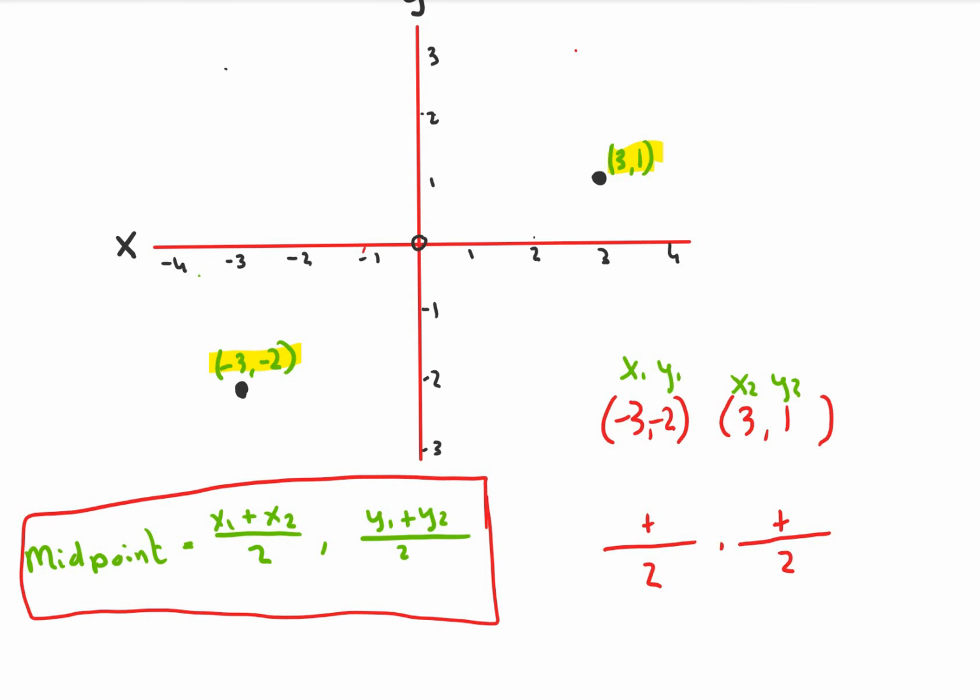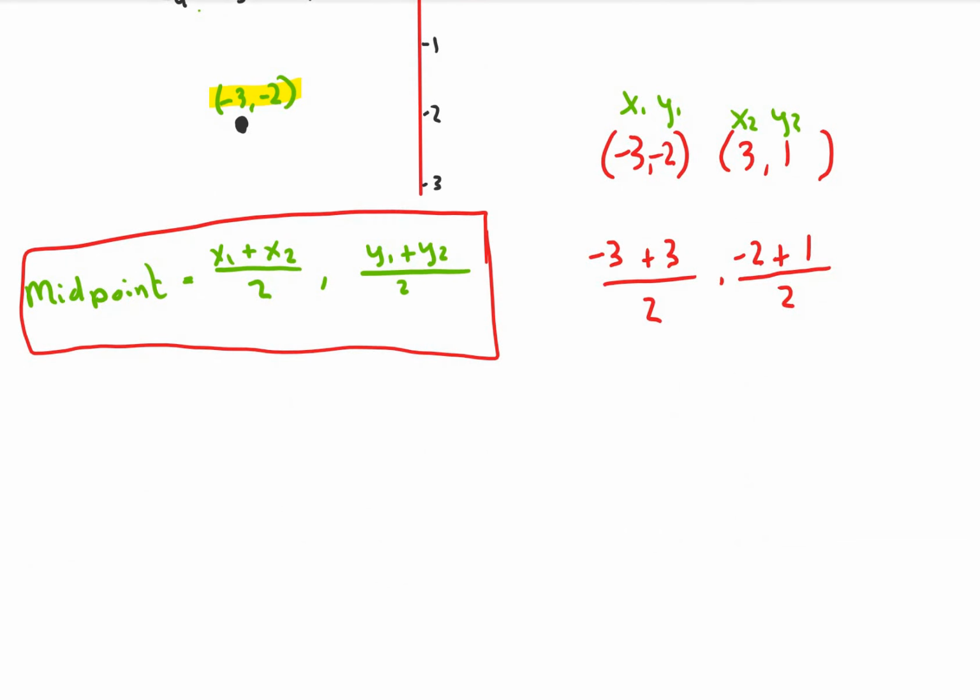Okay, so x1 is minus 3 and x2 is 3. And y1 is minus 2 and y2 is 1.